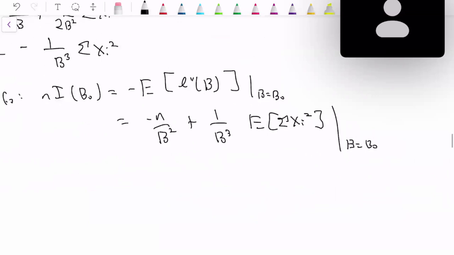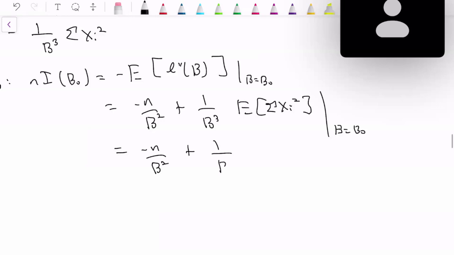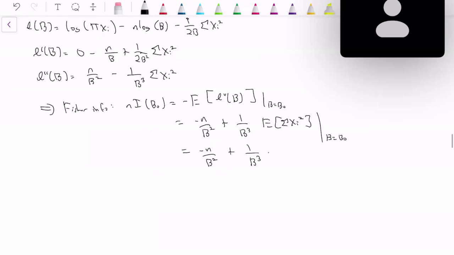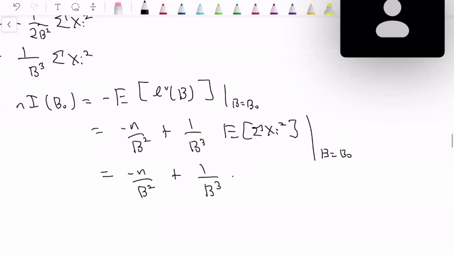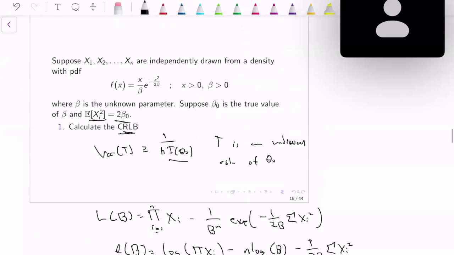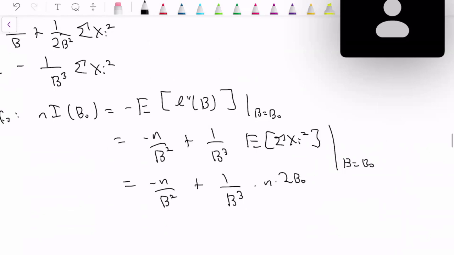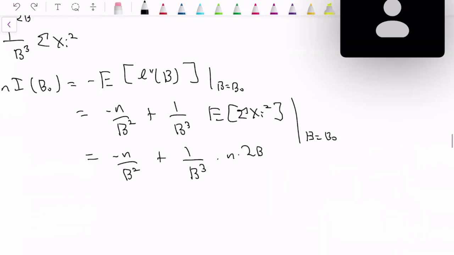Okay, so going back, it'll be negative n over beta squared plus 1 over beta cubed times the expectation. So it'll be n times, well, I'm just taking the expectation of each of these separately. It'll be n times 2 beta naught. Just plugging beta naught in for all these. Beta naught, beta naught, beta naught.